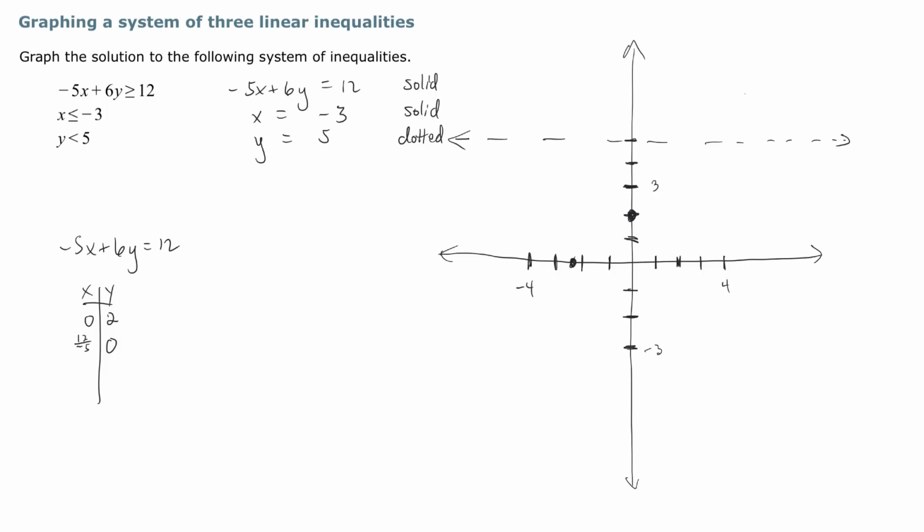That's the dotted line labeled what? Y equals 5. We also have a vertical line right here. This one is solid. That line is labeled what? X equals negative 3. And we also have the other line. I don't need a straight edge. I'm good right now. So let's draw this line right here.